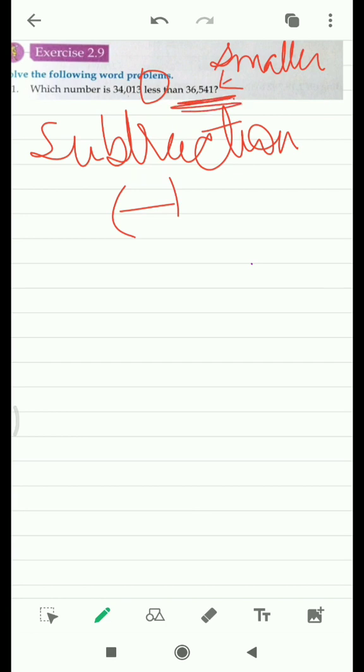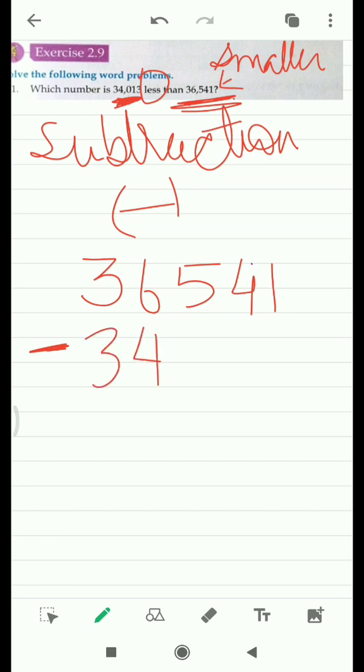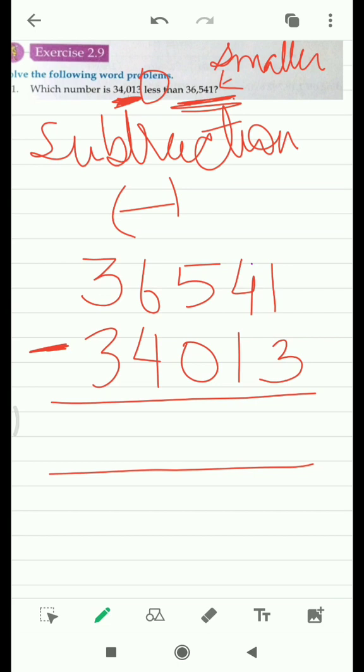First we need to write this number, 36,541, and the other number that has to be subtracted is this one. Since the number we have to find is this much less, let's subtract this from this number, 34,013.